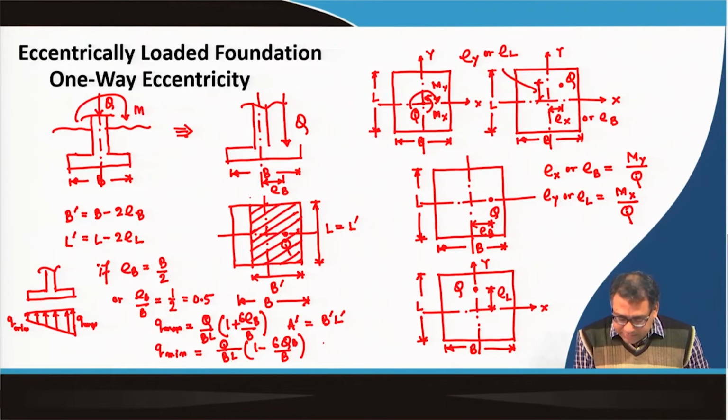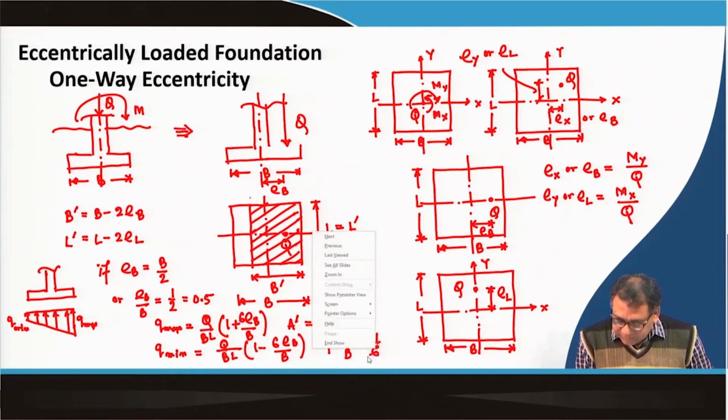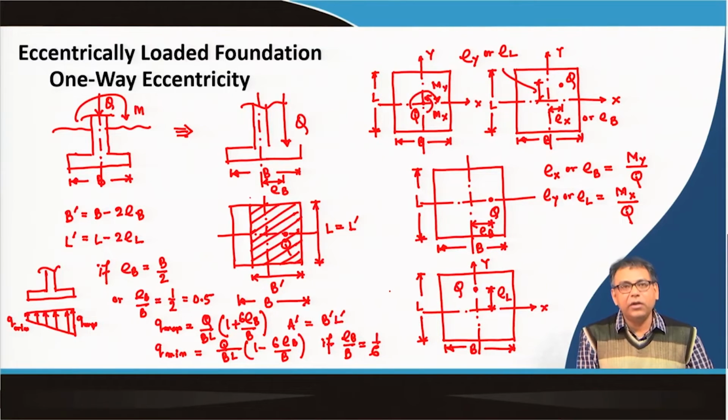So, you can see that if e_B by B is equal to 1 by 6, then the q mean value will be 0.